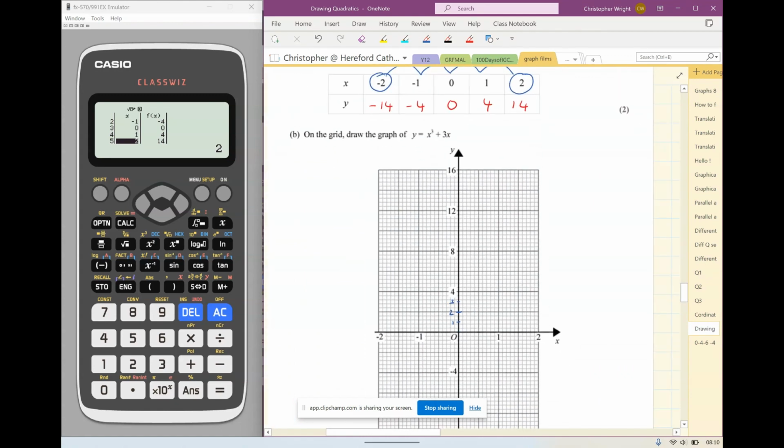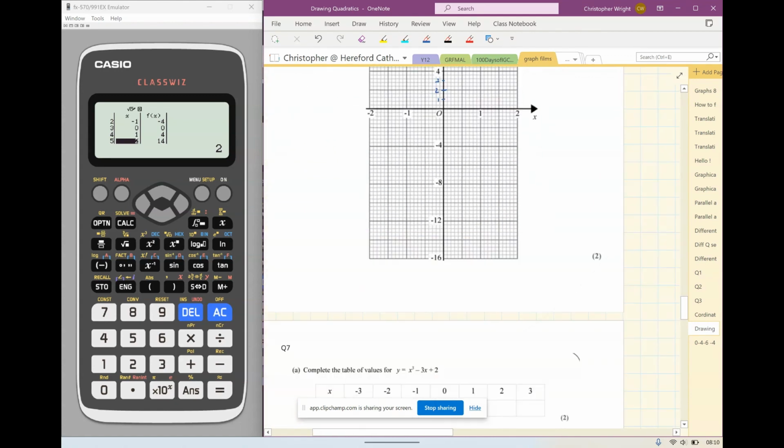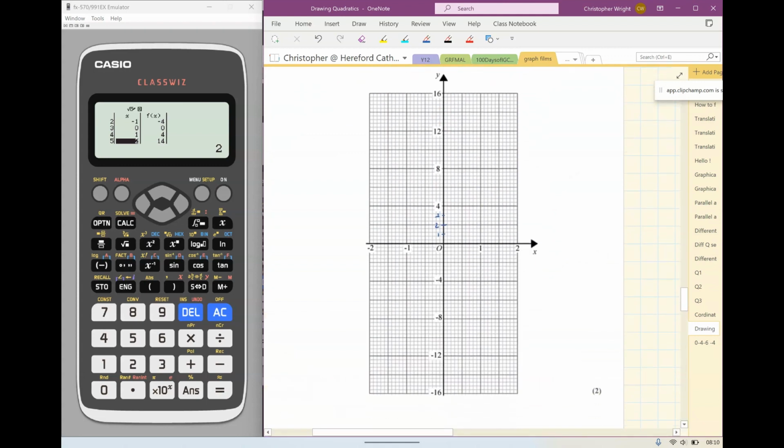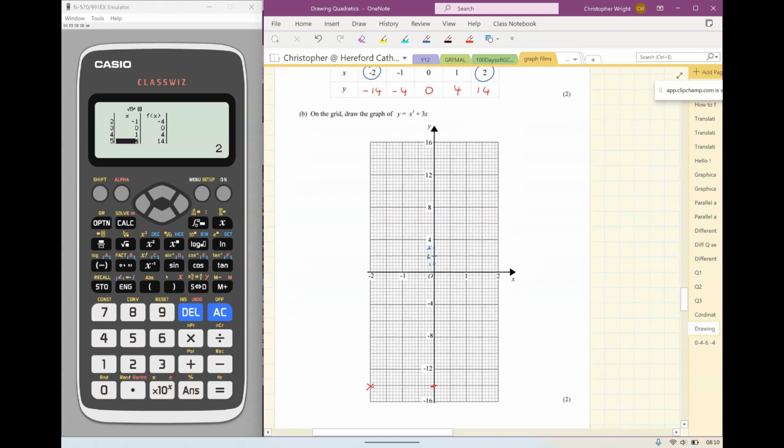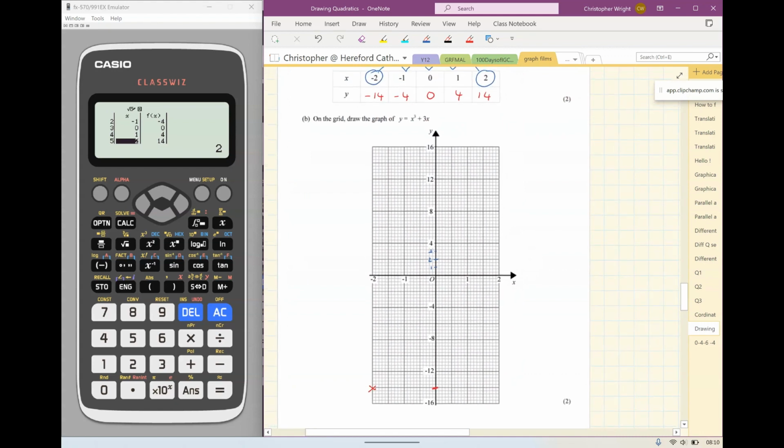Let's plot this table of values. I've got -2, -14. Right, here we go. So -2, -14. There it is, because -14 is here between -12 and -16. Now 1, -4. 0, 0. 1, 4. There we go. And 2, 14.